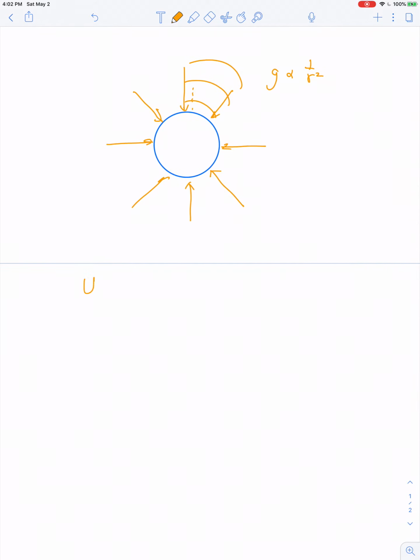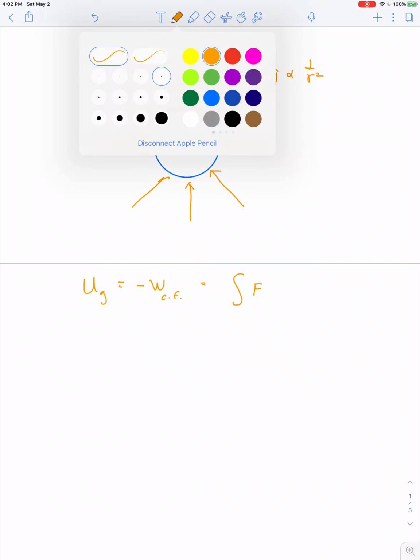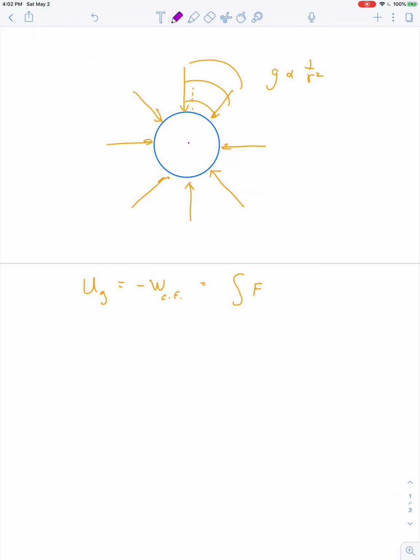Well, we can start with our definition of gravitational potential energy. It's equal to negative the work done by a conservative force, in this case the conservative force of gravity, and work is equal to the dot product of force and displacement. So let's assume we're going to lift something working our way outward along the radial axis.